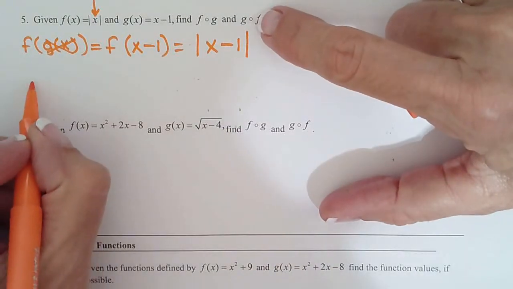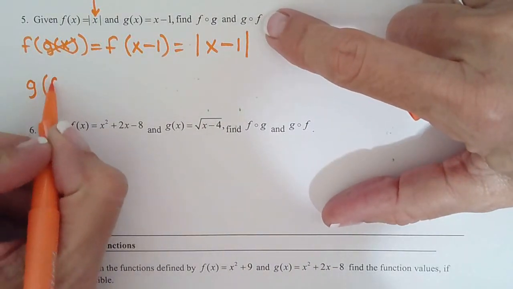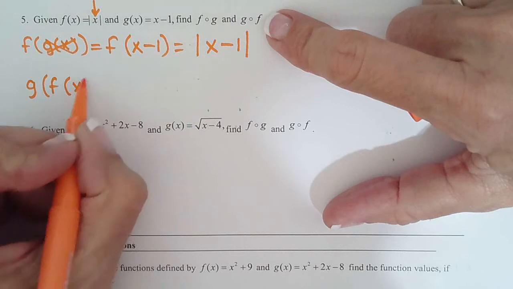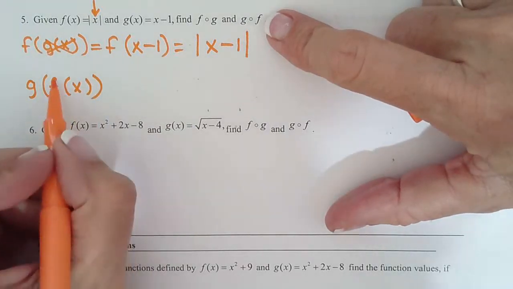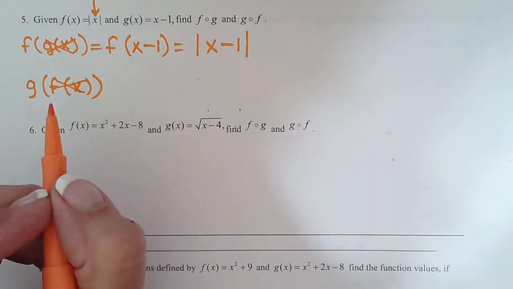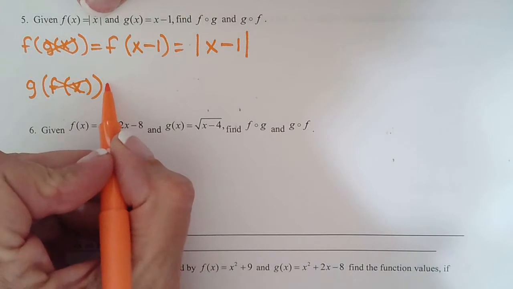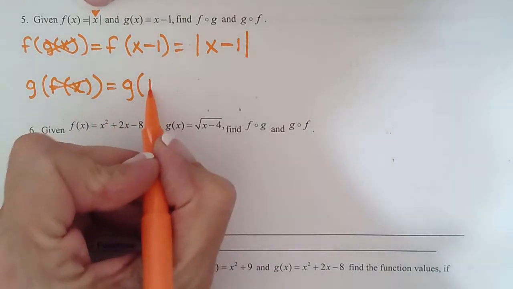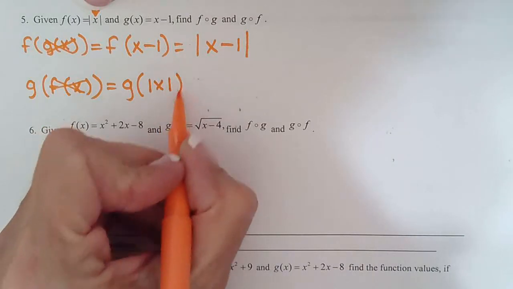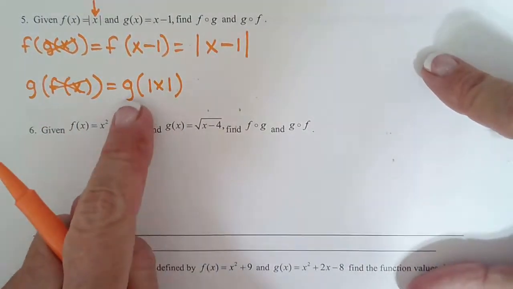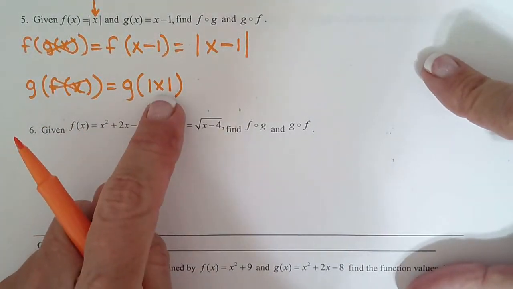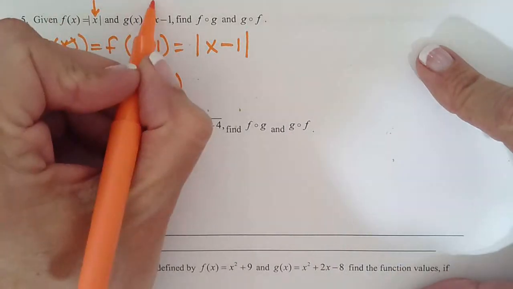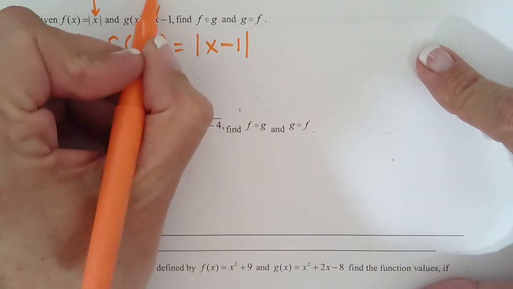So this one is g of f of x. Take f of x out. Plug in what it's equal to. So this is going to be g of absolute value x. So that says go into g. Anywhere you see an x, replace it with absolute value of x.